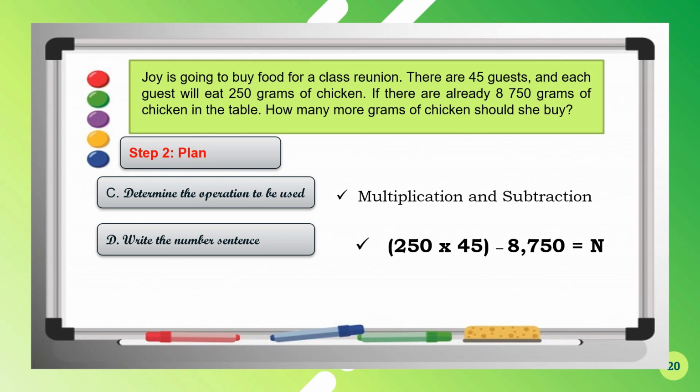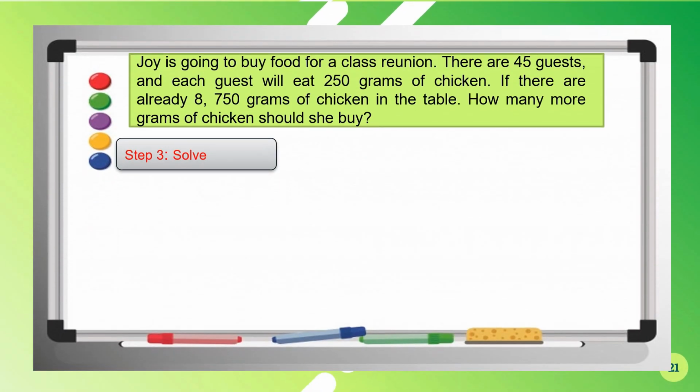So we have 45 times 250 minus 8,750 equals n, where n stands for the total grams of chicken Joy needs to buy. And then step 3 is solve.